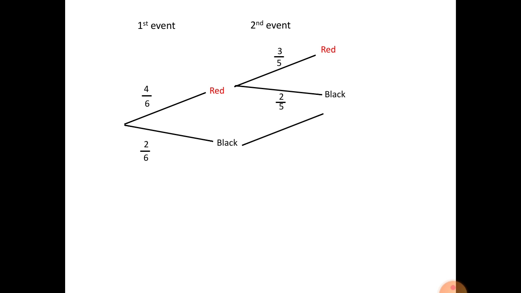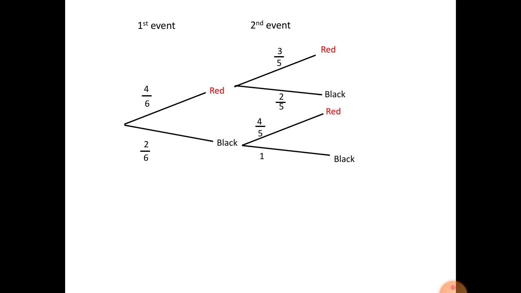Imagine now if you have taken out a black pencil, then again we can write the probabilities as red and black, but here it does not affect the red pencils, so there will be 4 red pencils, but the total has changed to 5.